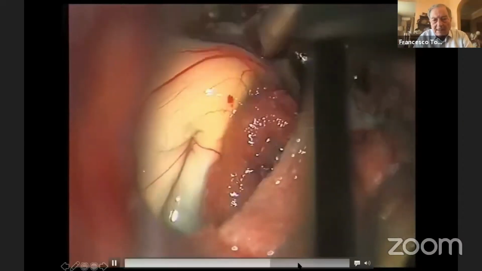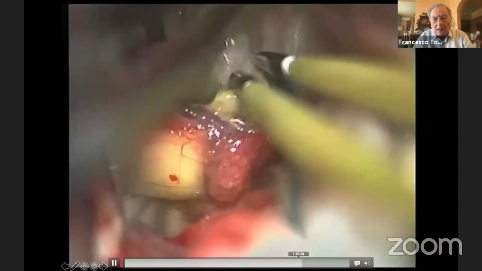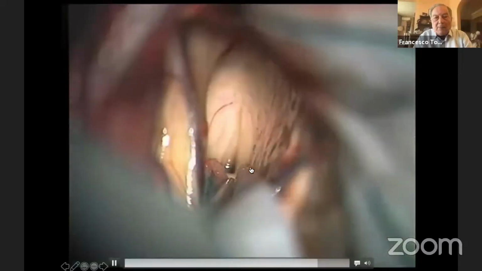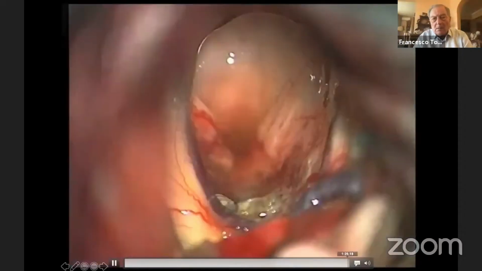I go fast. And you see at the end, we have the complete check of this Sylvian aqueduct, as we see here. So it's possible, the thalamostriate vein, the entire ventricular cavity.